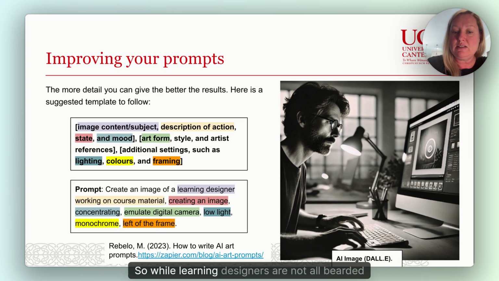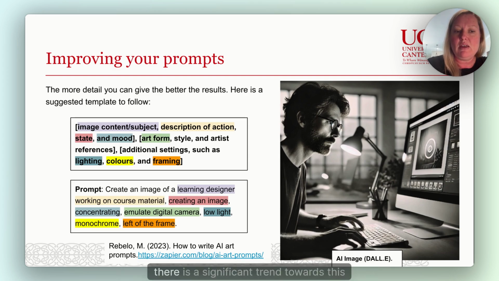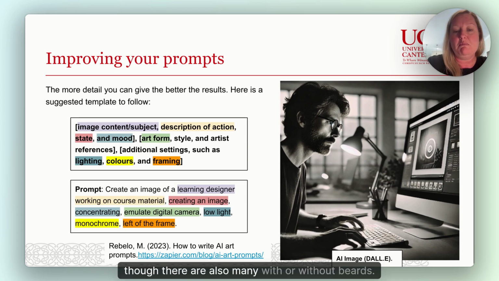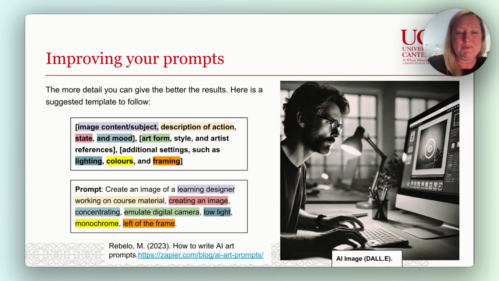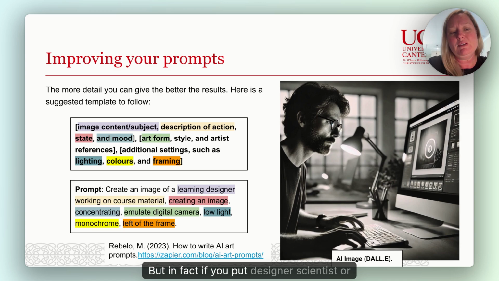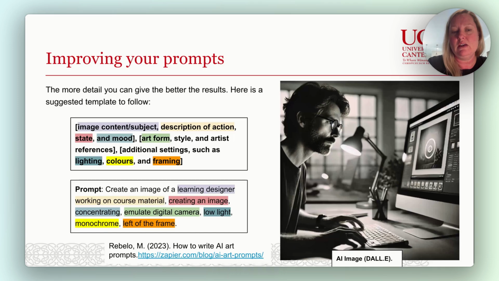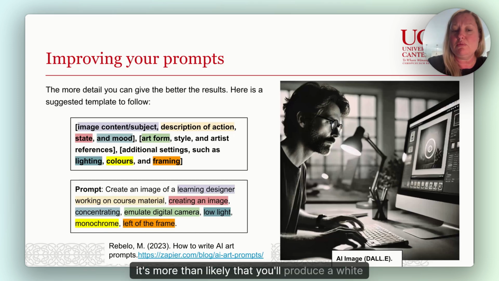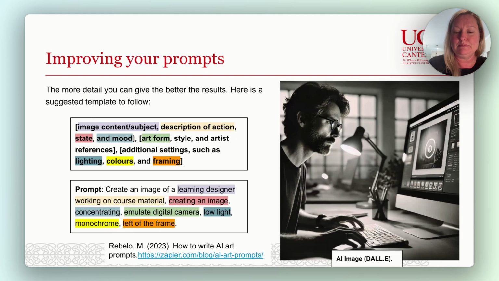So while learning designers are not all bearded young white men, there is a significant trend towards this demographic, though there are also many with or without beards. But in fact, if you put designer, scientist, or doctor inside your prompt as a focus, it's more than likely that you'll produce a white male as your subject.